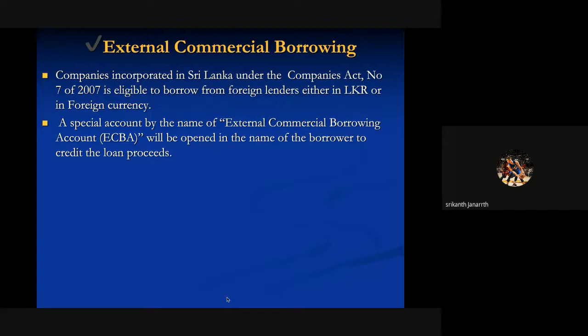Now the foreign lender is willing because in some European countries the interest rate is negative. What do you mean by negative interest? Minus. In certain countries, like Norway, Sweden, Switzerland, and including Japan, the interest rate is negative. Negative means if you keep funds with the bank, you don't get any interest.